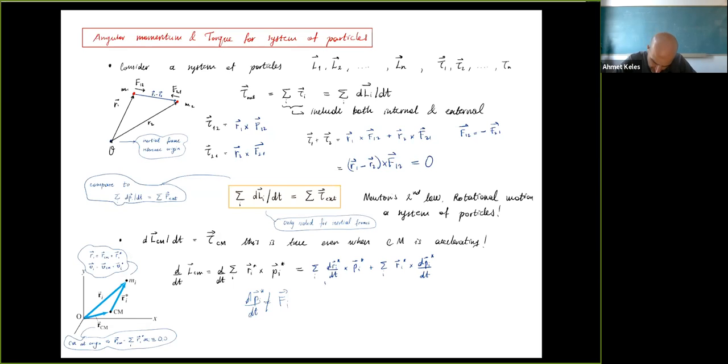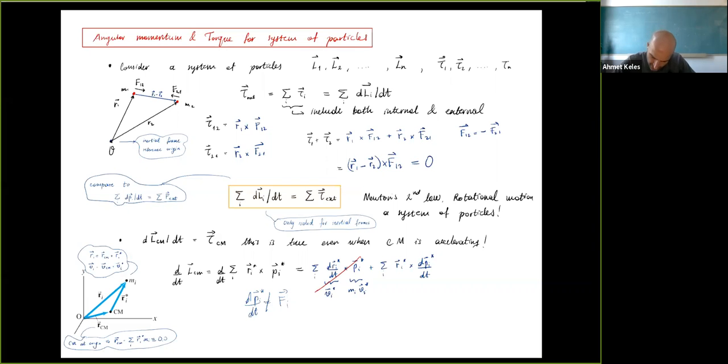Now this one is again v_i star. This one is again m_i times v_i star. A cross product with itself is always 0, so we can cross this term out. We can cancel that.